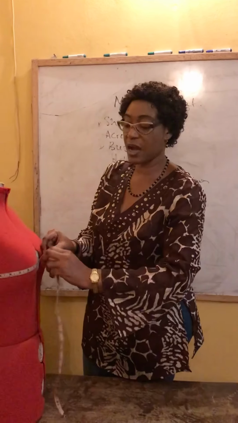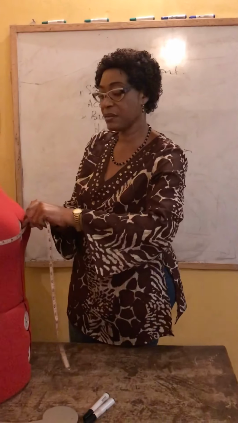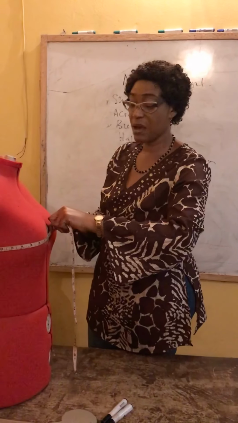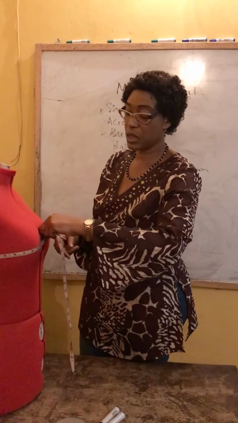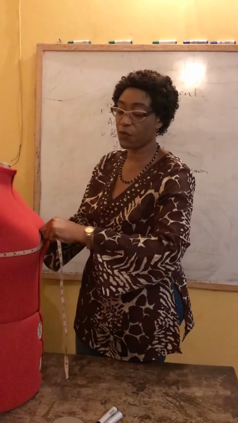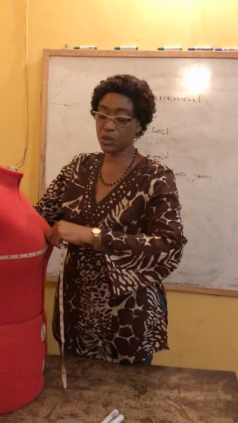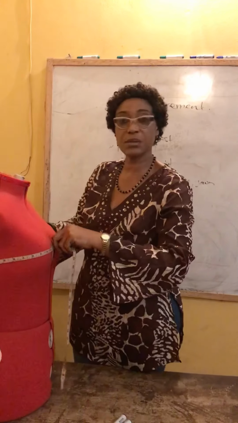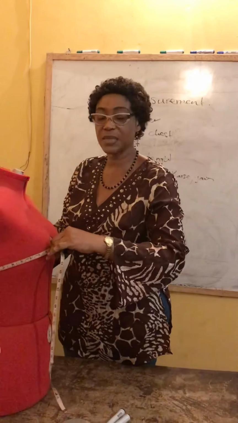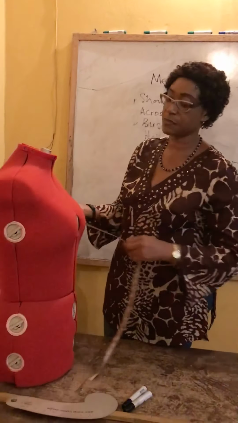Don't take your finger out. And what I have here is 40. If your client wants it a bit loose, of course, you can always discuss with your client if she wants it a bit loose or a bit tight. It depends on what your client wants.